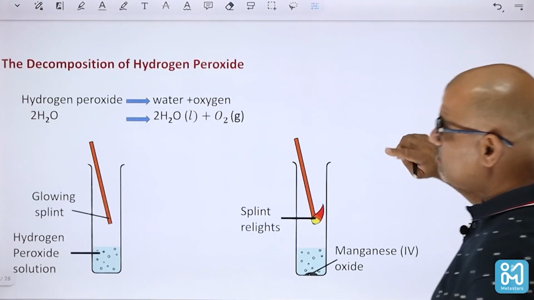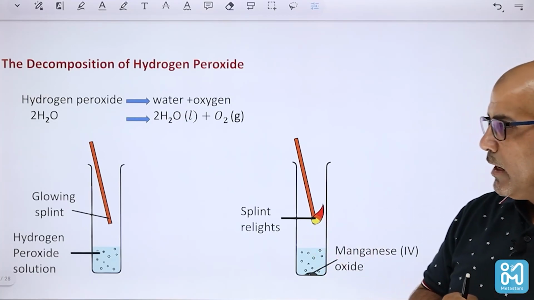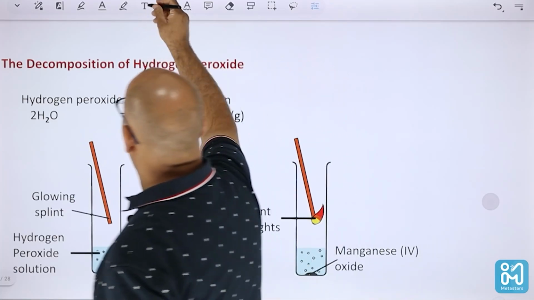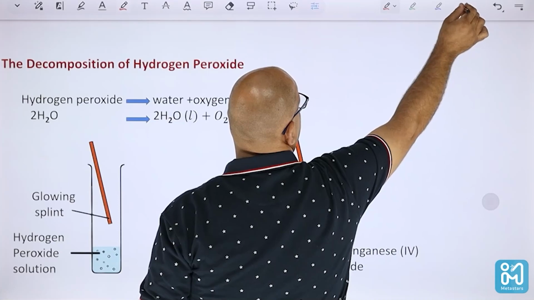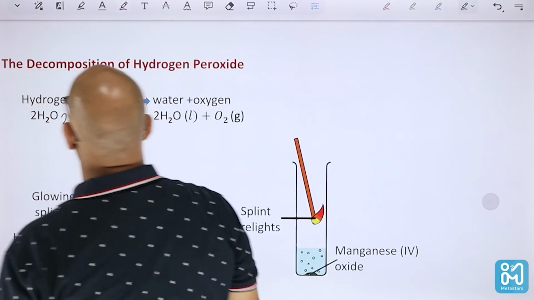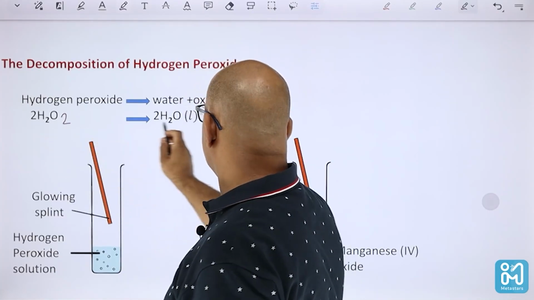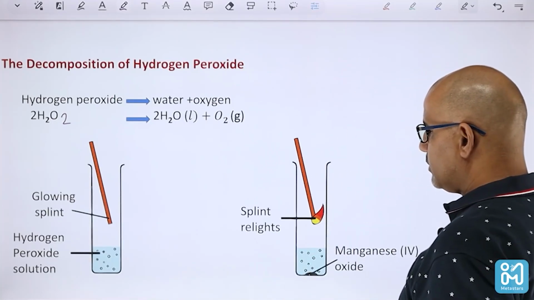And as an example about where the catalyst is used, here we are talking about the decomposition of hydrogen peroxide, where it is decomposed to water and oxygen.